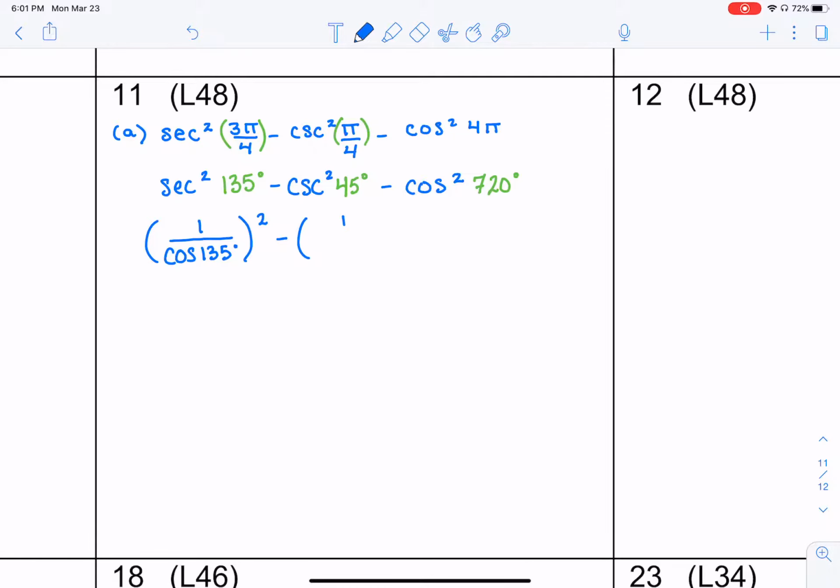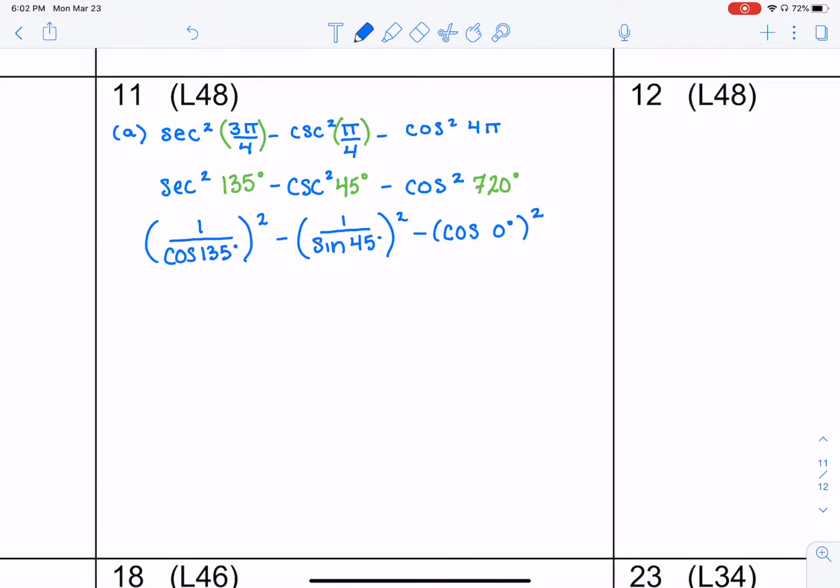So I'm going to rewrite this as 1 over sine 45 degrees. That entire thing is squared. Minus, and this one doesn't need to be flipped around, but we are going to change it. Instead of saying 720 degrees, let me fix one thing there. 720 degrees is 2 sets of 360. It would mean the same thing as 0 degrees. And then we'll square it.